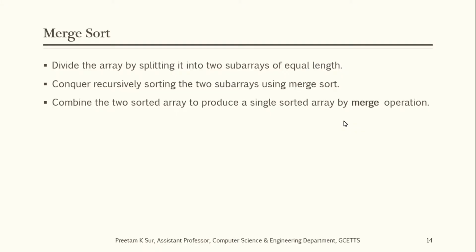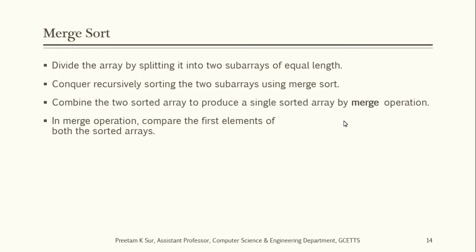So how does the merge operation work? In the merge operation, we compare the first element of both the sorted arrays. As I told you, we have two sorted arrays, the left part and the right part, and while merging them, we compare the first element of both, which means we are comparing the smallest element of both parts.